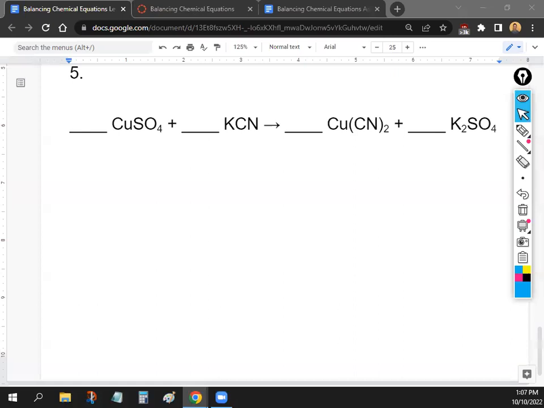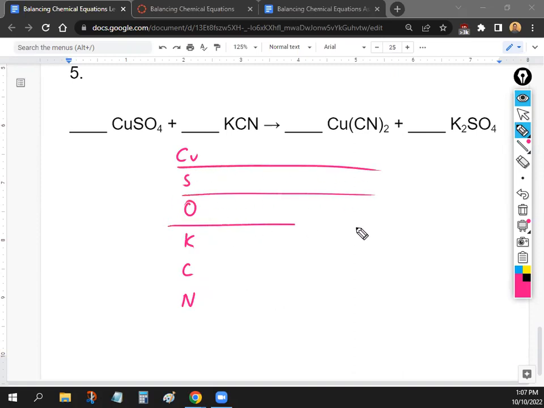Okay, so like we said, the counting part is the hardest for this problem. So we're going to go through all the elements. Let's see if you guys got all of them. So we got Cu, we got S, we got O, we got K, C, and N. So you have 6 different elements that you're working with. Okay, next thing we want to do is we want to count up the elements on both sides.